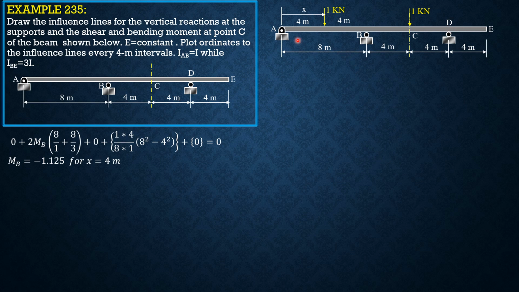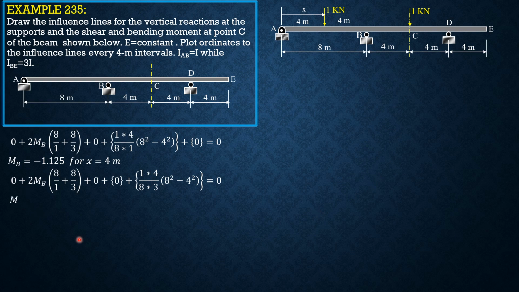So writing the three-moment equation on spans ABD, making moment at B the redundant force: 0 plus 2MB quantity 8 over 1 plus 8 over 3 plus moment at D 0 plus 6A1a1 over I1L1 for span AB is 0, while 6A2b2 over I2L2 for span BD is 1 times 4 over 8 times 3, moment of inertia 3, quantity 8 squared minus 4 squared, and it is equal to 0 for supports that are unyielding.